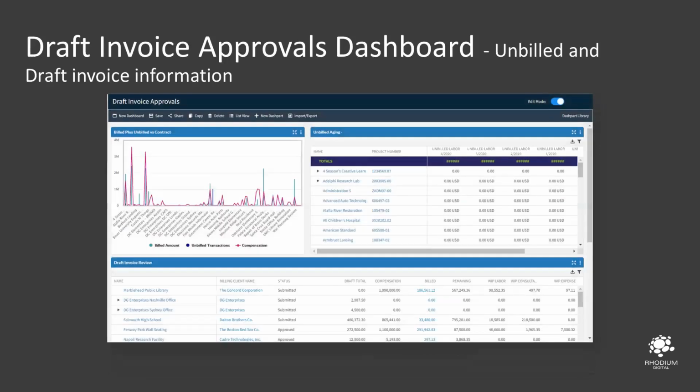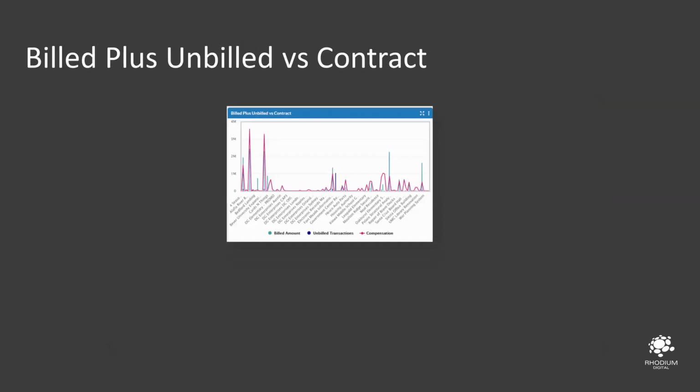In addition, there's all sorts of graphing and tables available to help facilitate and speed up the invoice approval process in Vantagepoint. One of these is a graph that gives us a difference graphically between the billed amount, the unbilled transactions, and the compensation field.